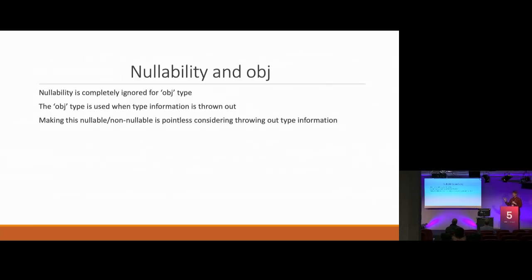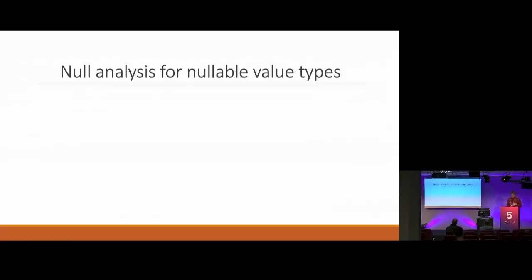Distinguishing between OBJ and nullable OBJ is kind of a moot point. So that was an interesting finding. We initially thought, oh yeah, we're totally going to have to do that. But when we sat down and asked how it's actually going to work out, there's not really any null analysis to do once you have OBJ. So that's kind of a fun little quirk.